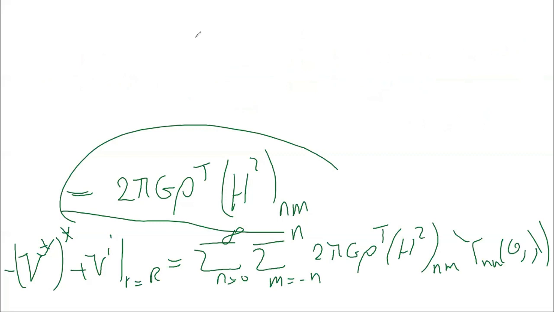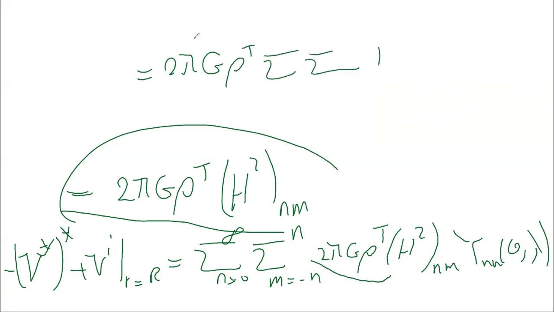So this 2 pi G is constant. It goes outside. I will write 2 pi G rho, summation H squared nm Y_nm theta lambda.